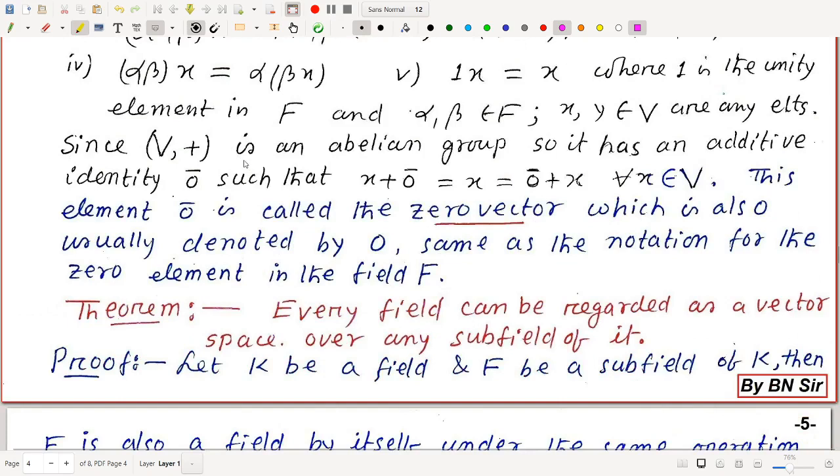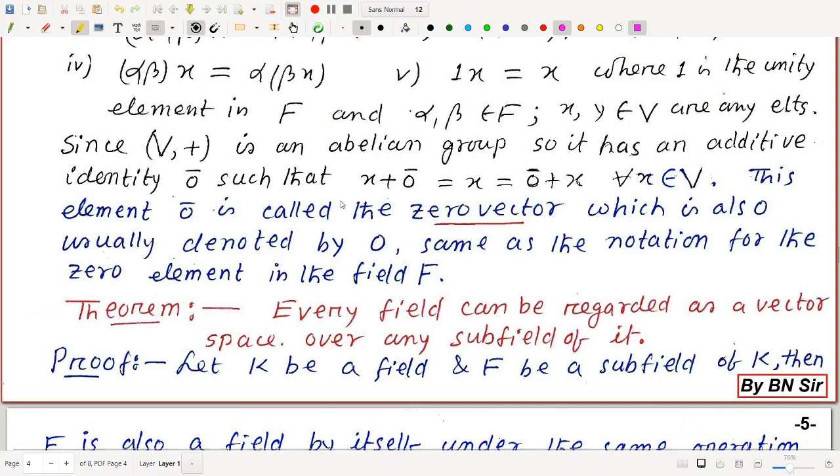Since V plus is an abelian group, V is an abelian group under addition, so it has an additive identity 0 bar, such that x plus 0 bar is x, equal to 0 bar plus x, for all x belongs to V. In a group, an identity element should be there. Here the operation is addition, so we have denoted it by 0 bar, maybe denoted by 0 also.